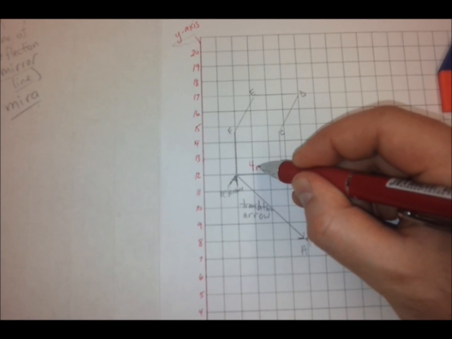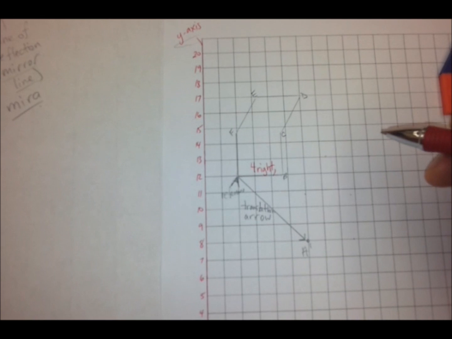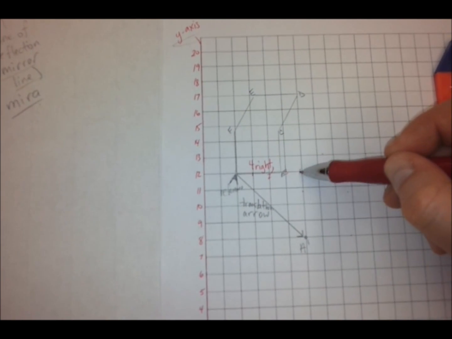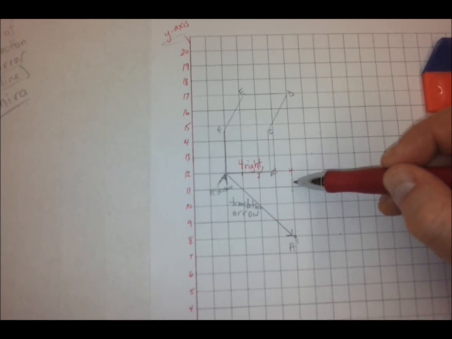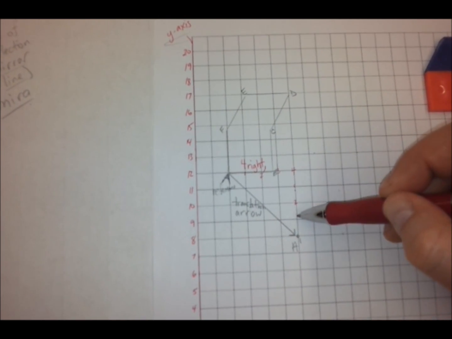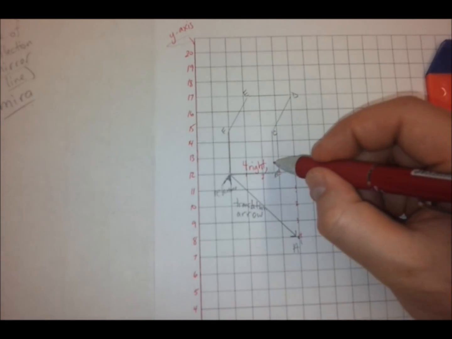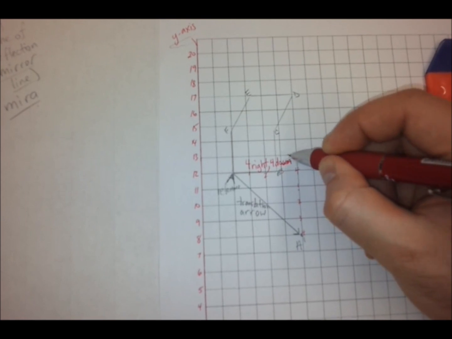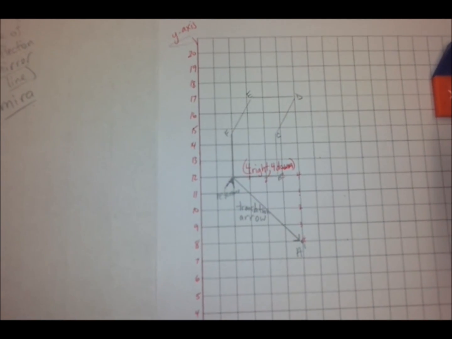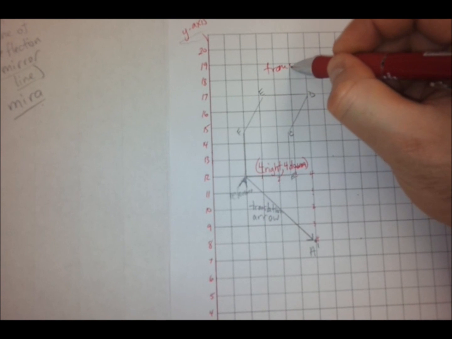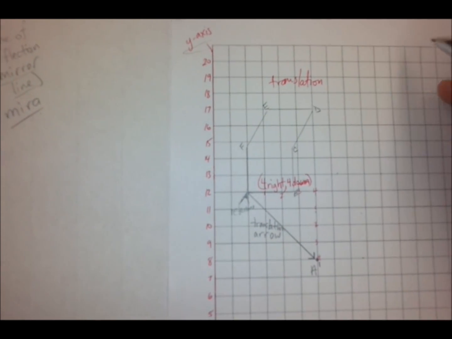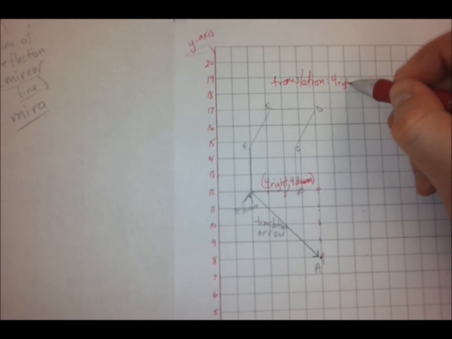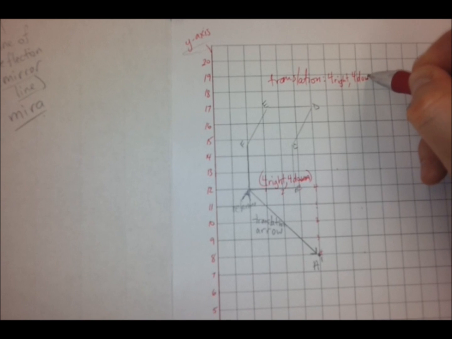So that's 4 right, and then how many spaces down? 1, 2, 3, 4 spaces down. So 4 right and 4 down. That describes the translation. So the translation is 4 right, 4 down.